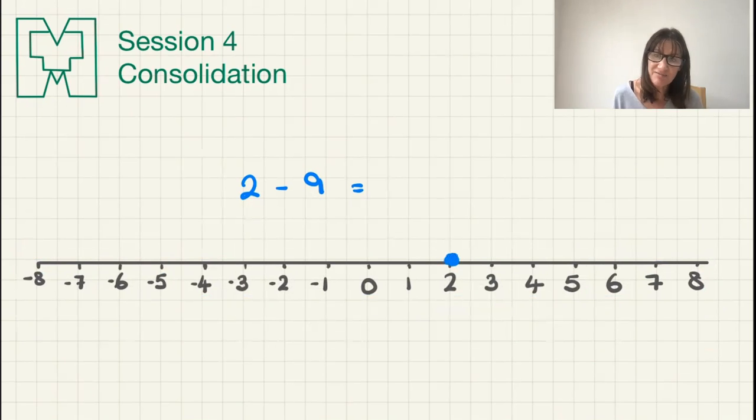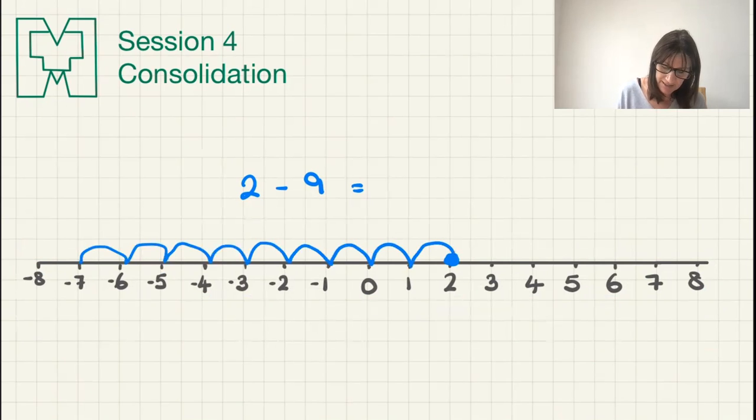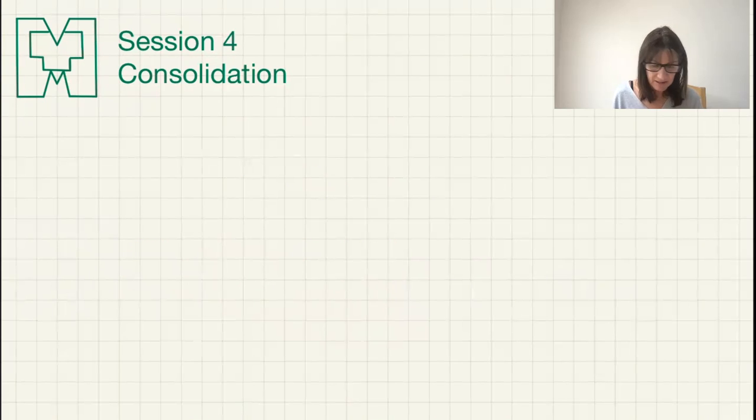I am being directed to go down 9 places. 1, 2, 3, 4, 5, 6, 7, 8, 9. I am at -7. So if you got that right, that would be 1 mark. So well done. Here comes your next one.